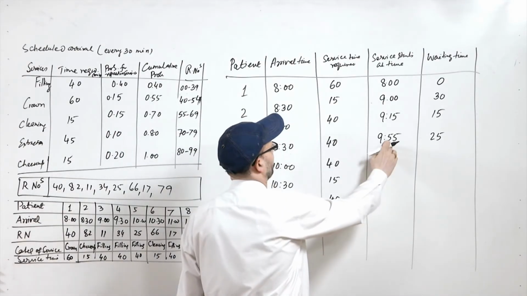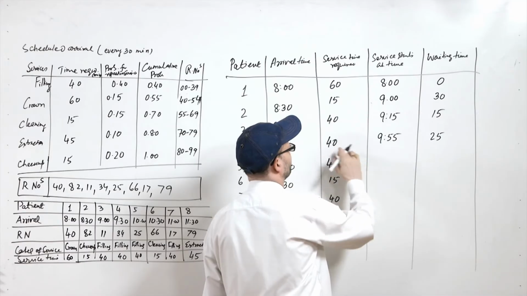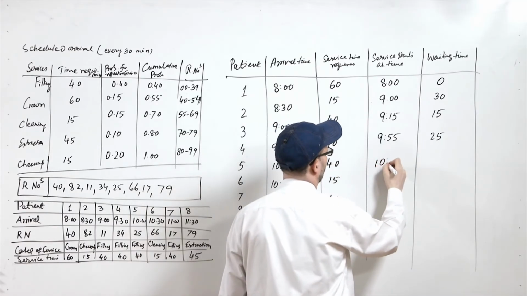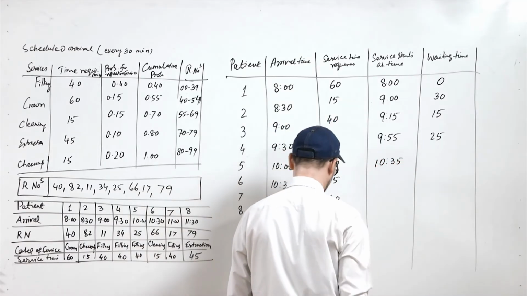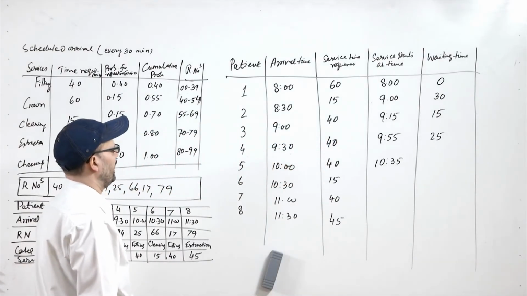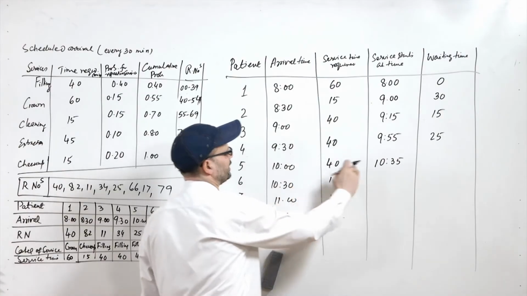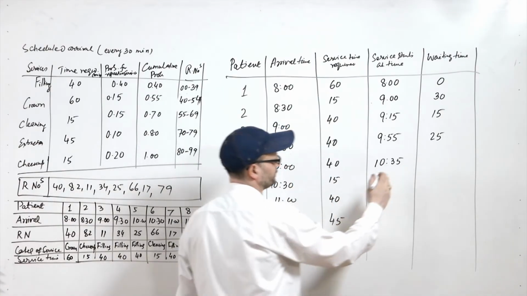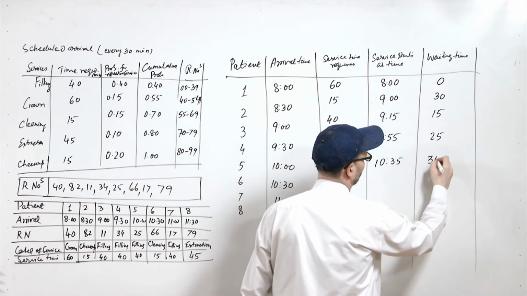Then he will take another 40 minutes, so at 10:35 he will be joining the service, and since he came at 10 and joined at 10:35, 35 minutes is the waiting.